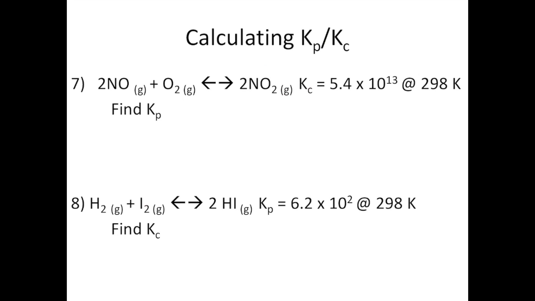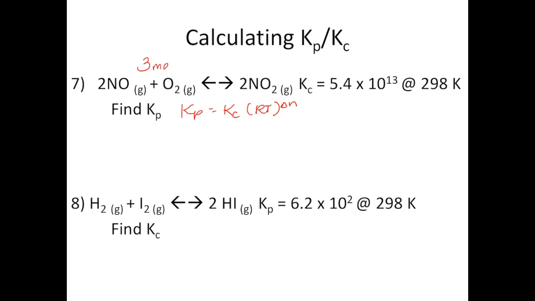But anyways, okay. Let's do number 7. I have to find Kp given Kc. So my equation is Kp is equal to Kc RT delta N. I need to find what delta N is. I gotta figure out how many moles I have.